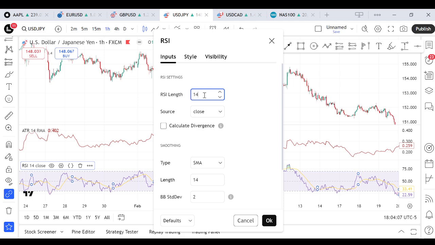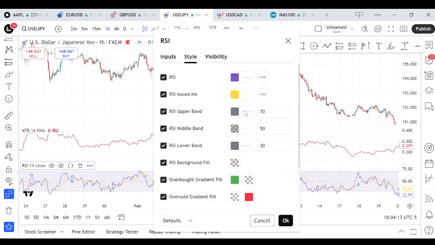This is the standard length, 14 period RSI. So ensure that yours is set to the 14 period, and you can adjust the colors. When the RSI rises above 70, it signals that an asset might be overbought, while a drop below 30 suggests it might be oversold. These levels can help you spot potential reversals or continuation patterns.